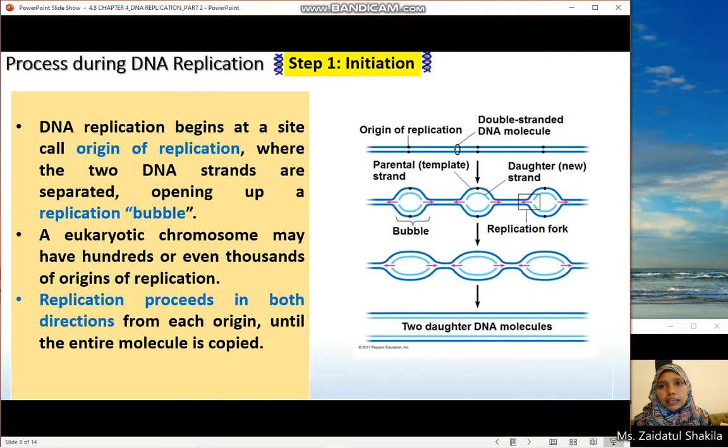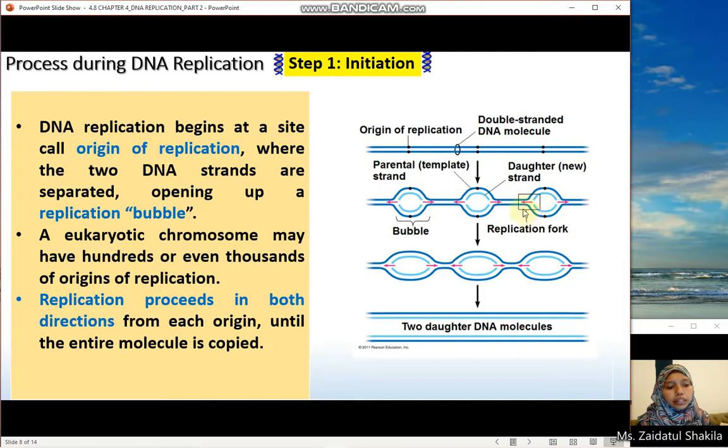DNA replication consists of three important steps, which are initiation, elongation, and termination. We will take a look at step 1 first, which is initiation. DNA replication begins at a site called the origin of replication, where the two parental strands are separated. At the origin of replication, it will be opened up and a replication bubble forms like this.